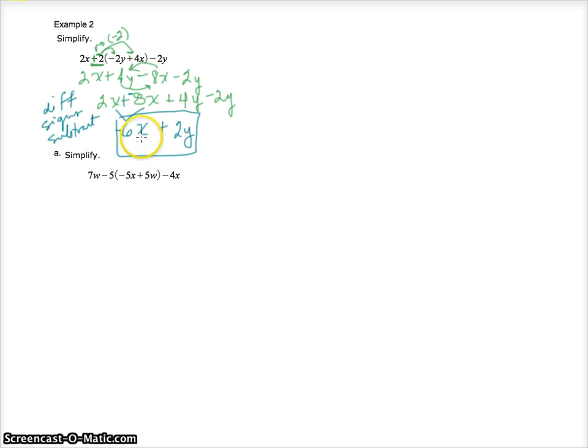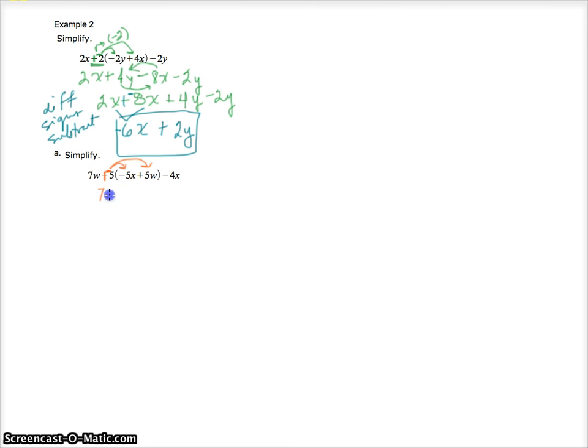Let's look at one more example here. I've got 7w minus negative 5 times the quantity 5w plus 5x, minus 4x. So what I can do with this minus 5, I'm going to add the opposite, or keep, change, change here. So I get a negative, and I'm going to distribute this negative 5 all the way through.